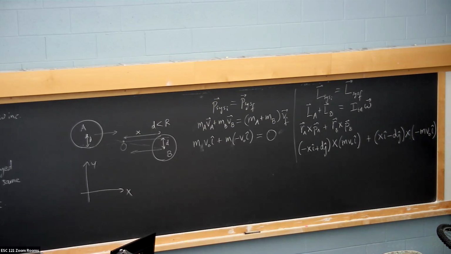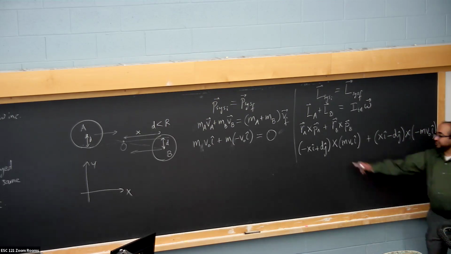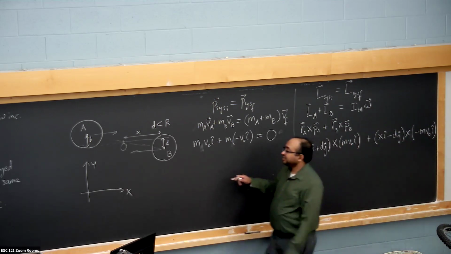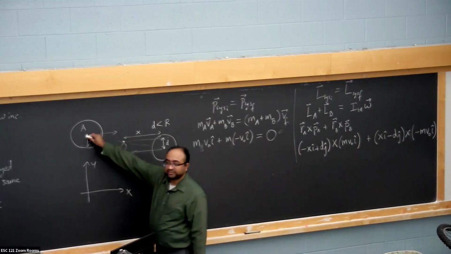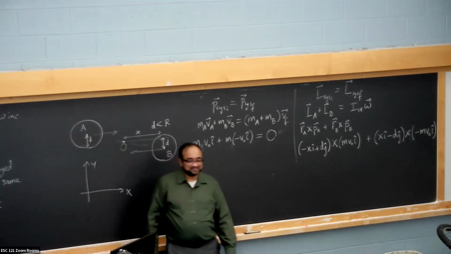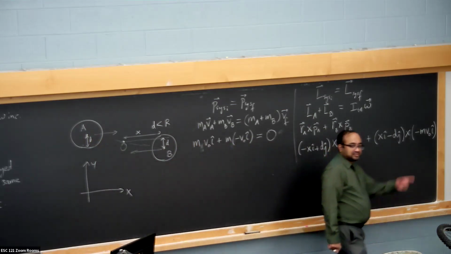Any questions so far? I'm confused why there's a j hat component. Is it just the distance? Yeah, so we're doing the R from here to the center of the object. Other questions?